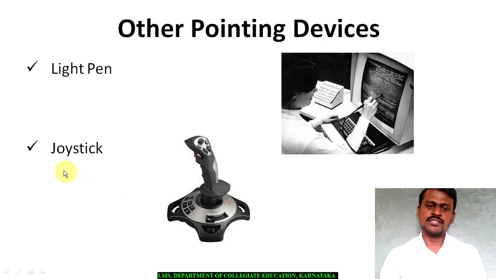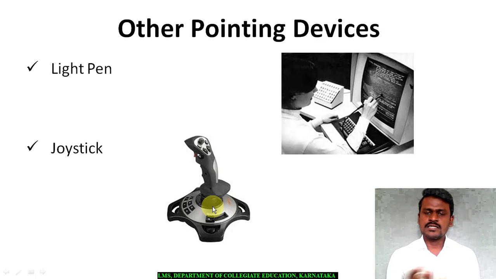Next one is a joystick. This is a joystick, somewhat like the gear lever you have seen in a car or a tractor. So you can see this somewhat resembles a car gear lever, right? This is also used for making the cursor move to and fro, up and down, left and right, and also to select or open a particular file, or for cursor movement in any direction, right?